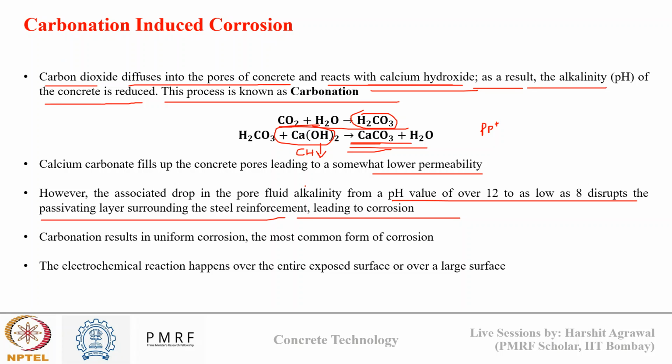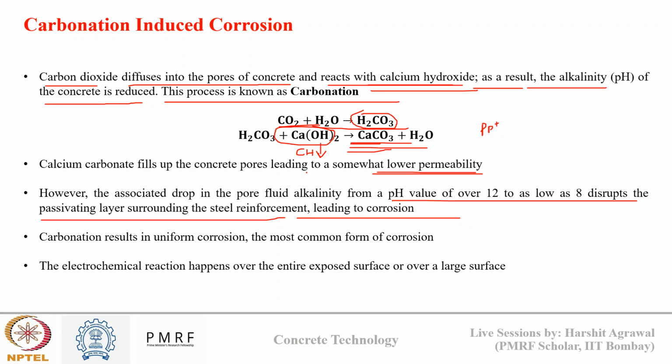So carbonation induced corrosion has both effects: it is decreasing the pH as well as lowering the permeability. That's why we say it is typically slow compared to chloride induced corrosion, because of this lower permeability that occurs due to filling of pores.